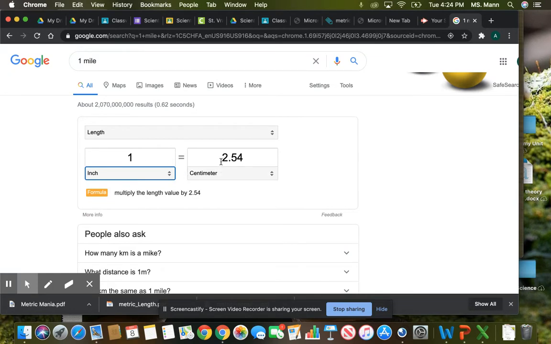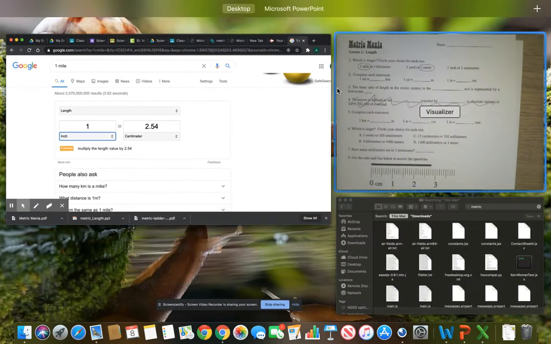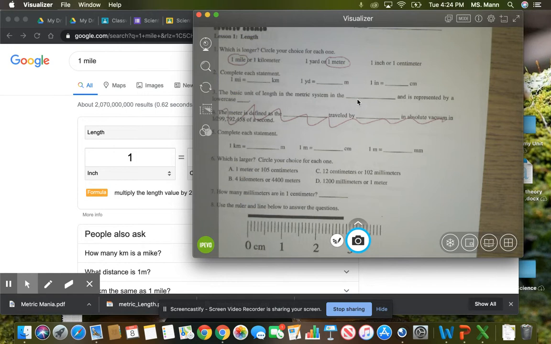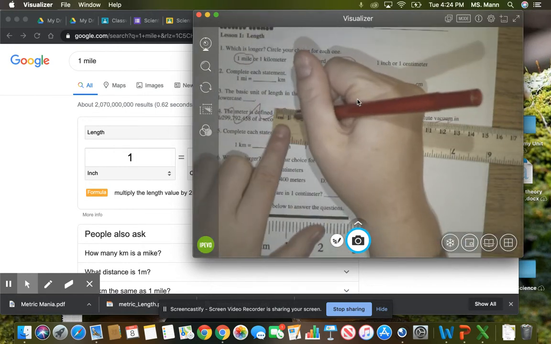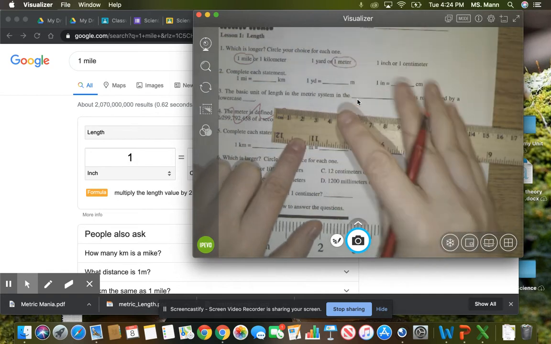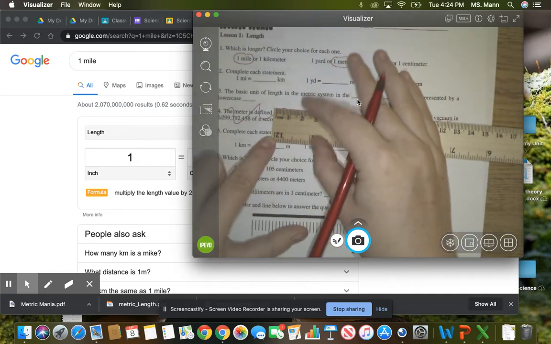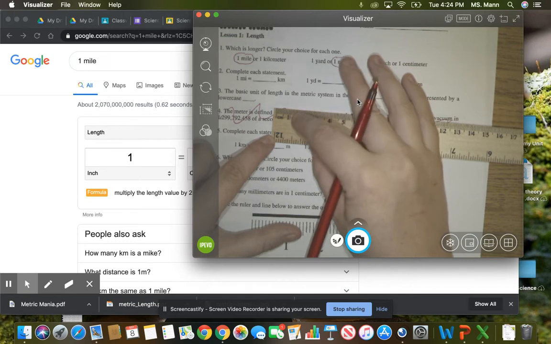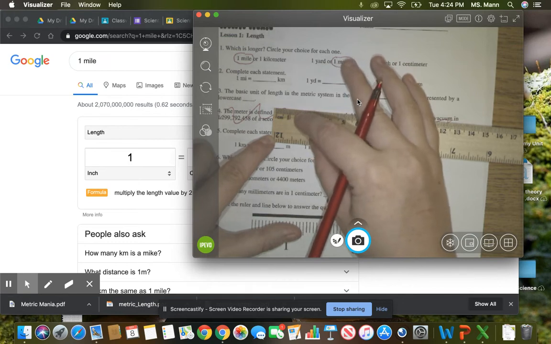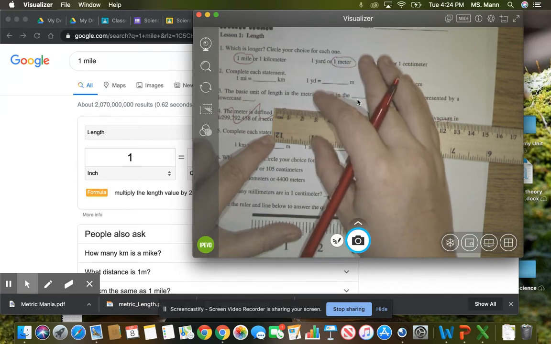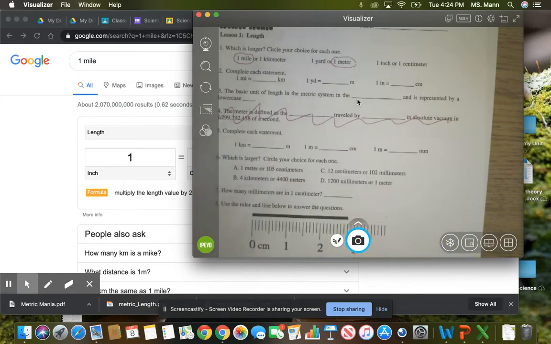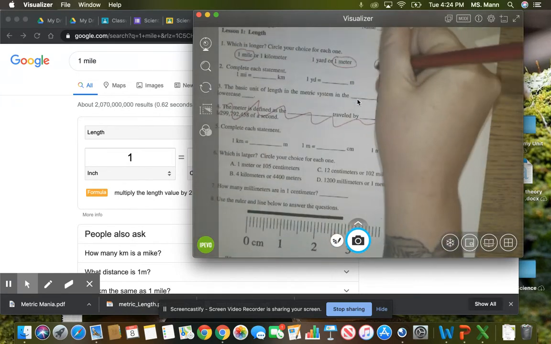So 1 inch equals 2.54 centimeters, right? So obviously an inch is longer. Even if you looked at a standard ruler such as this, you can see that that is true, right? A centimeter goes right here, whereas an inch is almost double a centimeter. So an inch is longer.